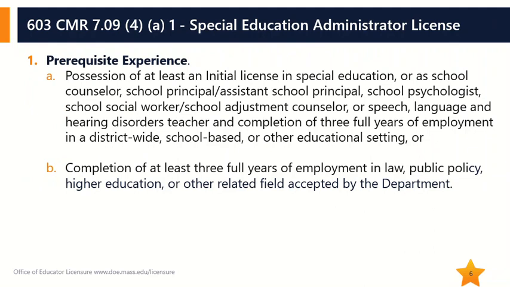In lieu of the aforementioned, Option B can be satisfied through at least 3 full years of employment in law, public policy, higher education, or other related field accepted by the department. Please be advised that a prerequisite license requirement may be waived for an applicant who has earned the equivalent license based on the same level of preparation in another state or jurisdiction.